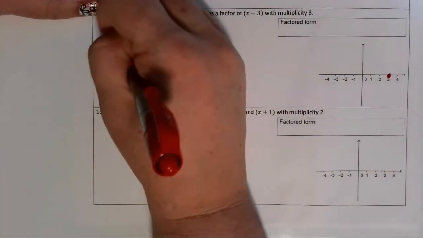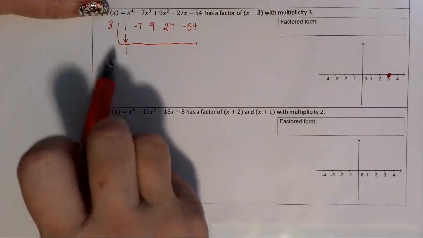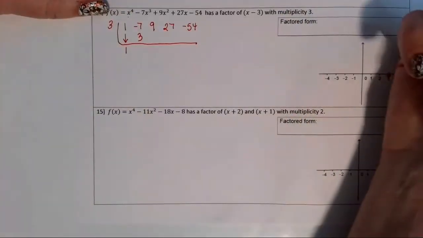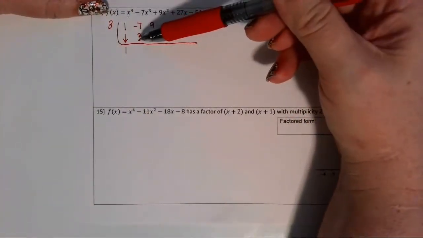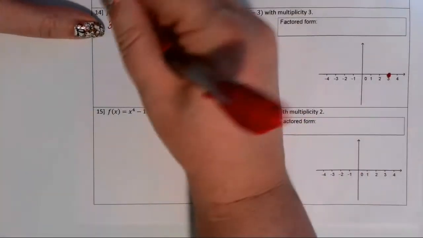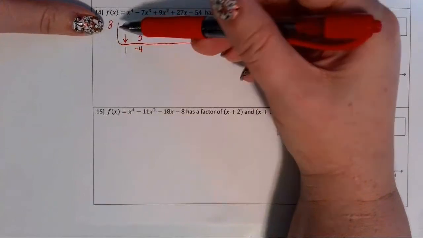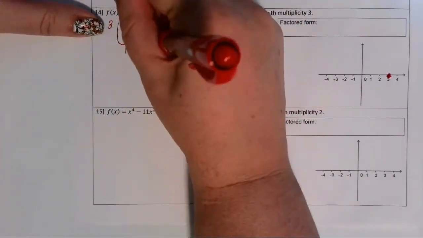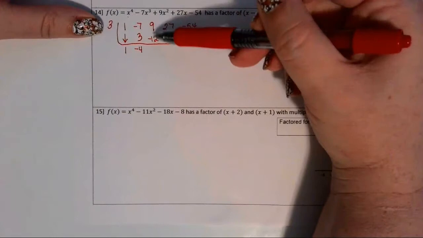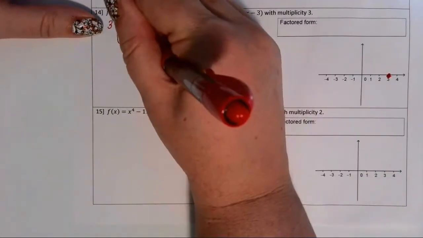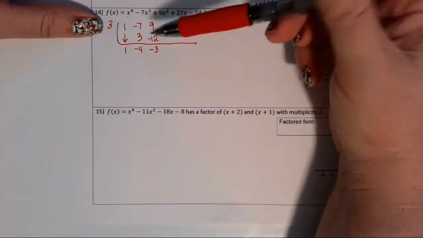So I bring down the first term and then multiply. 1 times 3 is 3. Then we're going to add those together. Negative 7 plus 3 is negative 4. Then we're going to multiply. Negative 4 times 3 is negative 12. Add those together. 9 plus negative 12 is a negative 3. Then we're going to multiply.